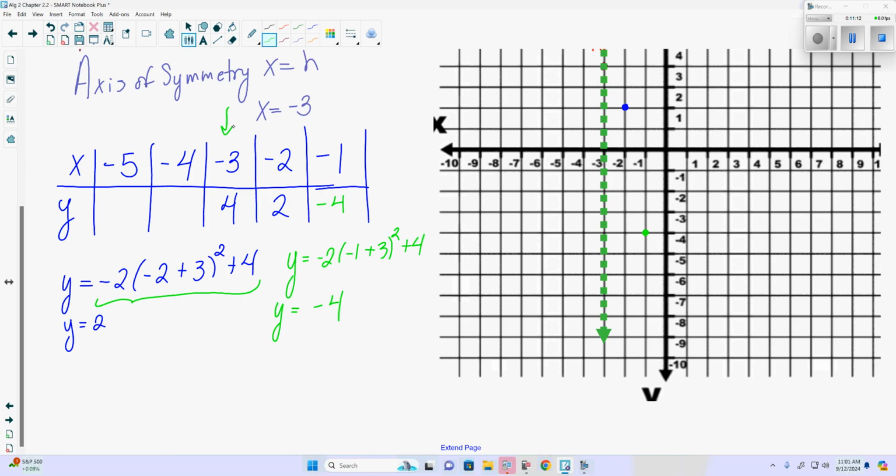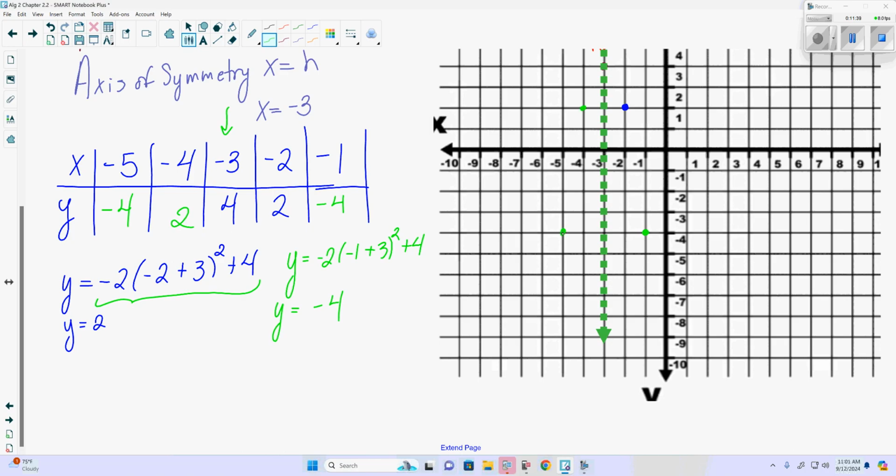That's where the axis of symmetry comes in. And what's nice about it is that the y value of the point 1 to the left is also going to be the same as 1 to the right. So that tells us at -4, the y value is 2. And at -5, the y value is -4.